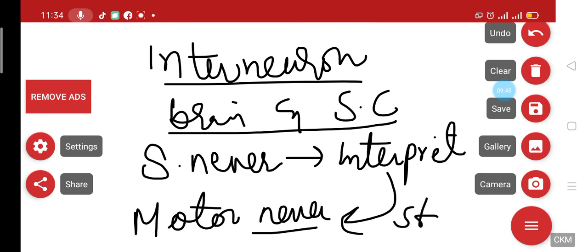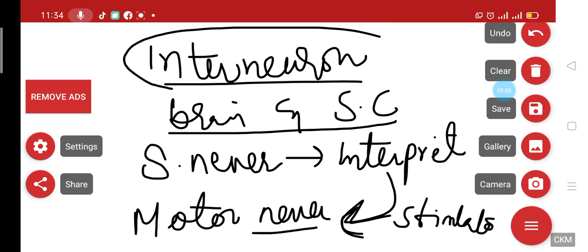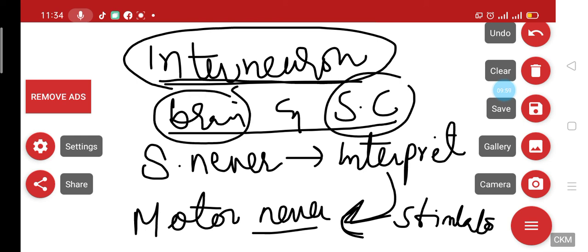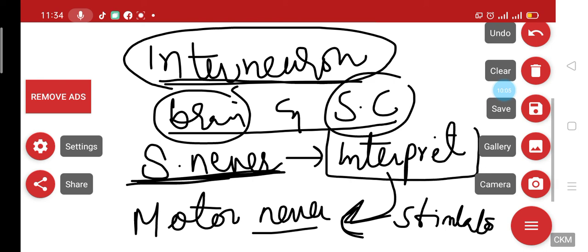It stimulates, activates, or sends a nerve impulse to the motor nerve cell. So, students, we have learned about the interneuron that is present in the brain or the spinal cord. It receives the message from the sensory nerve, interprets it, and then sends the message to the motor neuron.